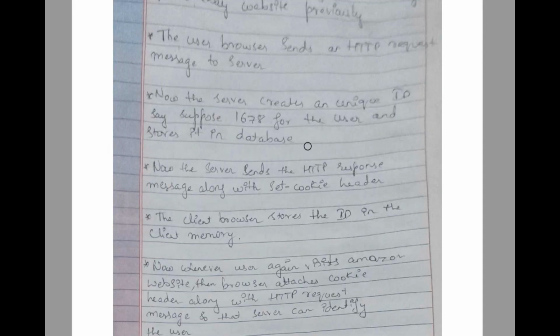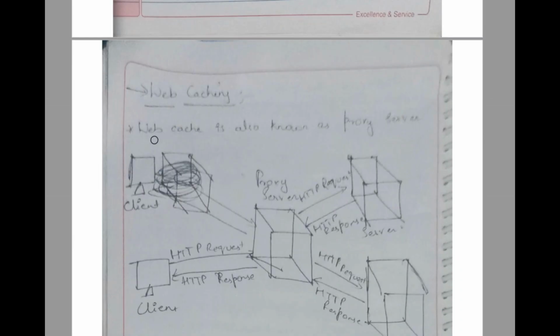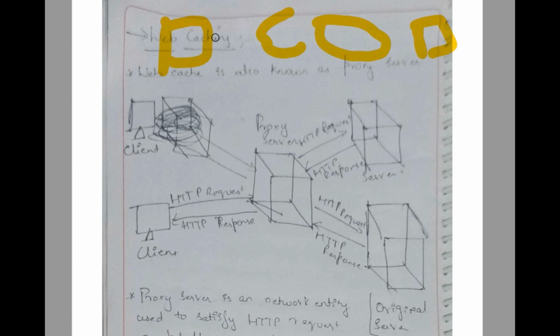The user wants to visit the Amazon website, and that brings us to web caching. Web cache is also known as a proxy server. In computer organization, you would have studied about caching. This is a server, and this is the user.